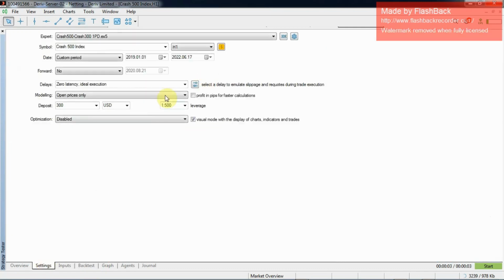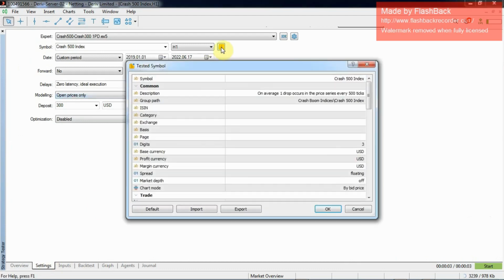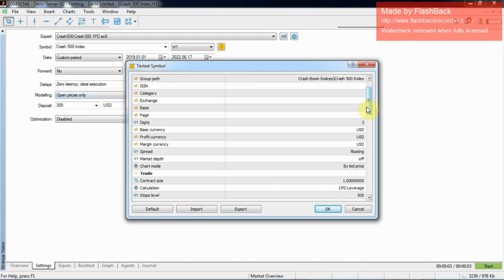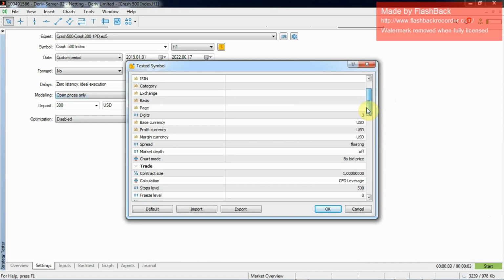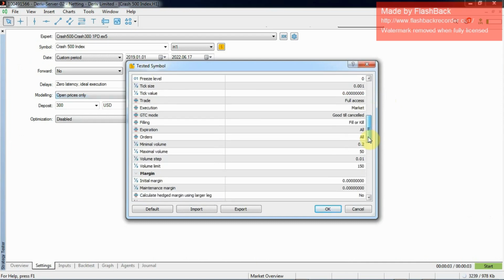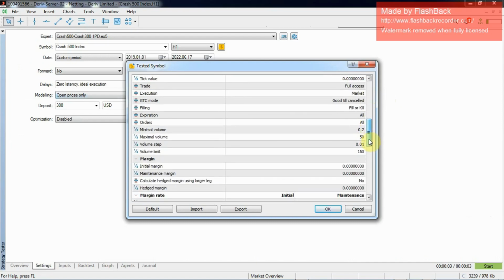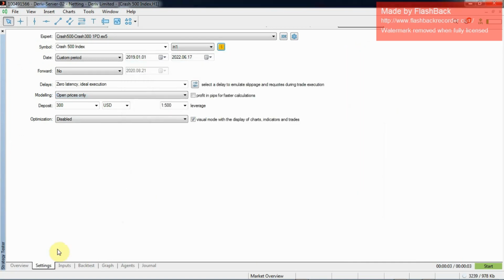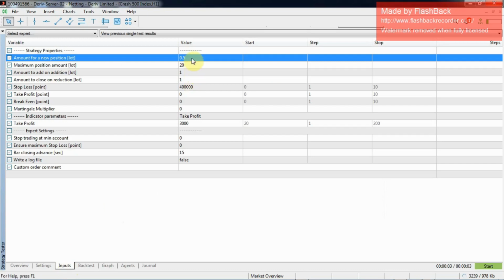Let's see if we can reduce the lot size. What's the smallest lot size again on Crash500? Let's see, because we want to accommodate guys with small accounts, so 0.2. So let's try to reduce the lot size even further.